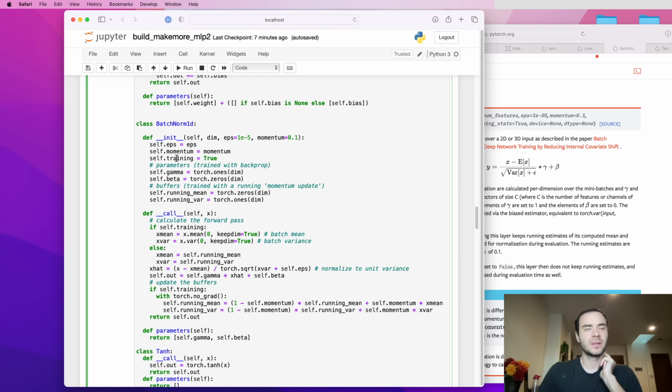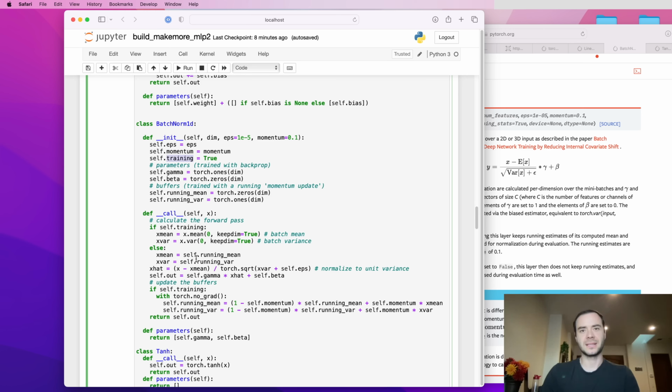Now here's something new. There's a .training, which by default is true. And PyTorch nn modules also have this attribute, .training. That's because many modules, and BatchNorm is included in that, have a different behavior whether you are training your neural net or whether you are running it in an evaluation mode and calculating your evaluation loss or using it for inference on some test examples.